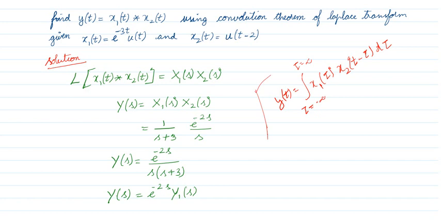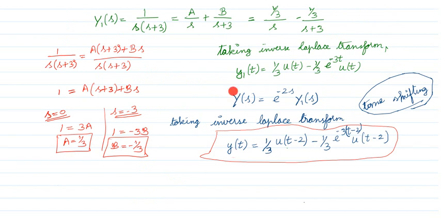So this is the convolution formula, which we would use to obtain the convolution. But here, using Laplace transform, we have avoided this method. We went from the time domain to the Laplace domain, and from the Laplace domain back to the time domain. That's one of the applications of Laplace transform.